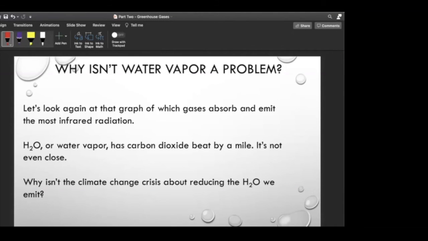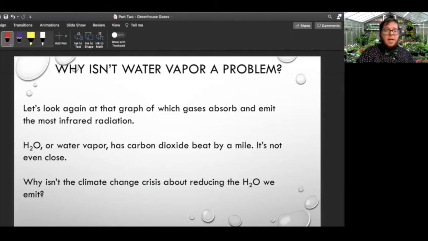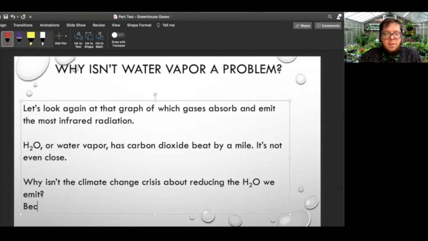H2O's been there. That's it. Who said that? Alan. Dima. You're right. So in other words, the climate crisis isn't about reducing the H2O we emit because humans do not emit any new H2O, right?